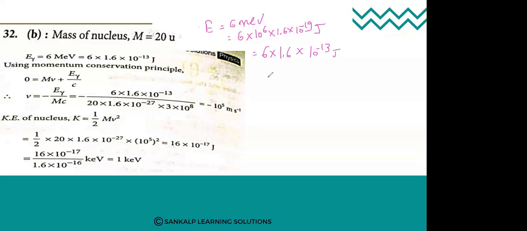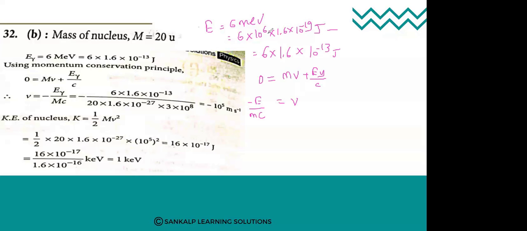Using the conservation principle, the initial momentum is 0, which is equal to mv plus E upon c. Therefore the v value is written as minus E upon m into c.